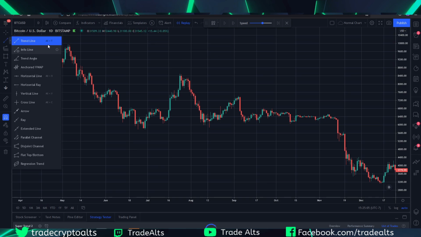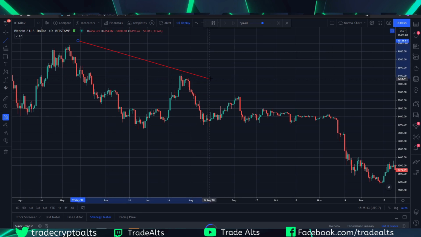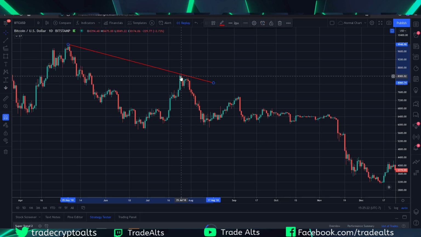There is also a shortcut, Alt-T, if you don't want to click on this. You could use that shortcut to have it automatically brought up. But anyway, we're going to start here at this really important high, and then connect it down to these important lows right here.